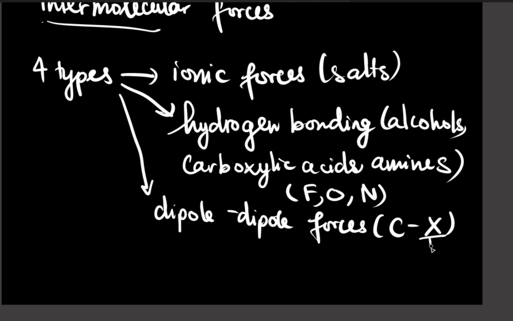So the X here can be oxygen, nitrogen, chlorine, and so on. So this is pretty much the same thing, but it's weaker. So actually, hydrogen bonding is a type of dipole force, but it's stronger.